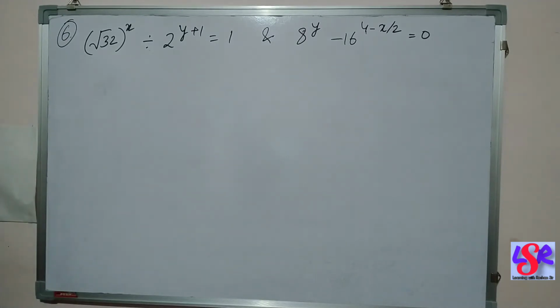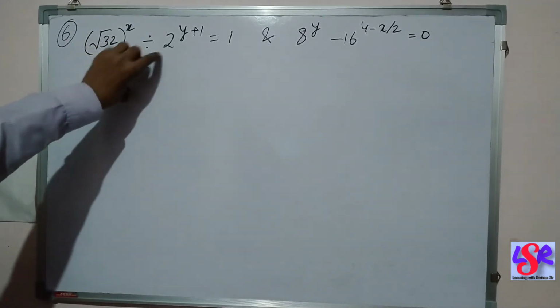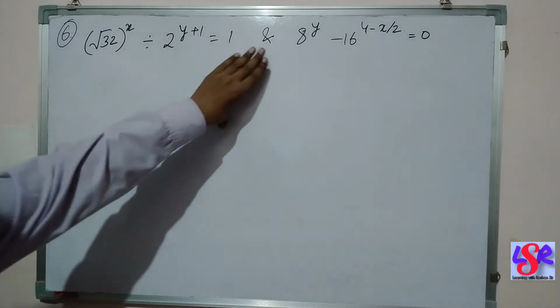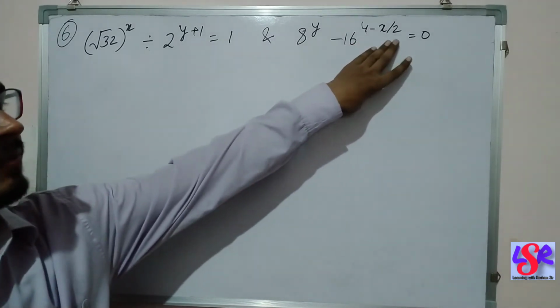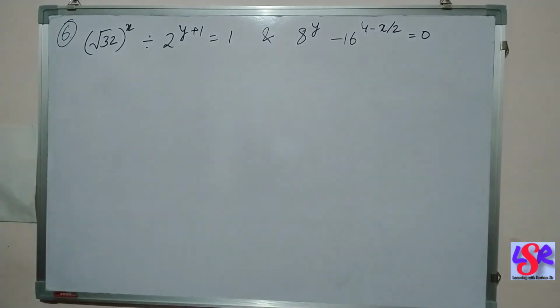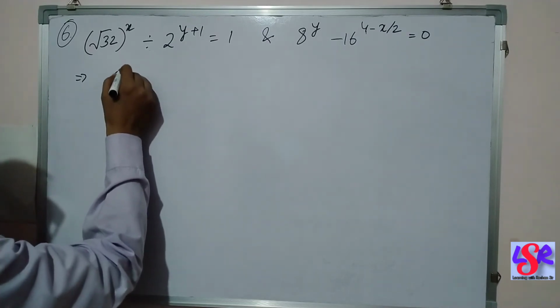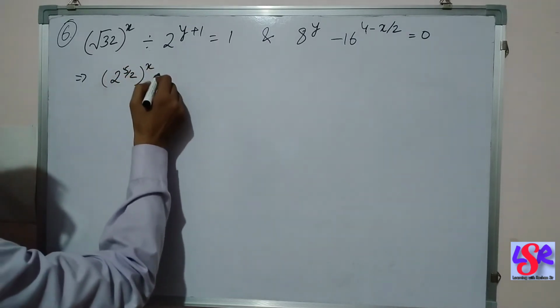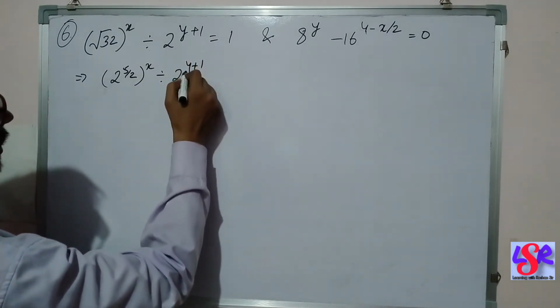Now let's see question number 6. Here we are having root 32 to the power x divided by 2 to the power y plus 1 equals to 1, and 8 to the power y minus 16, 4 minus x divided by 2 equals to 0. Now here, with the help of this relation, we are going to write this one as 2 to the power 5 upon 2 whole to the power x divided by 2 to the power y plus 1 equals to 1.